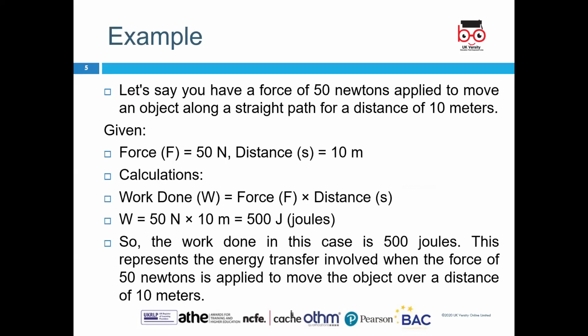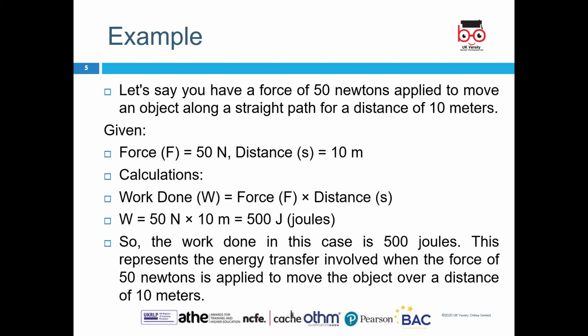So let us understand this with an example. If you have a force of 90 newtons applied to move an object along a straight path for a distance of 10 meters, then you have a force of 90 newtons and distance equal to 10 meters. The calculation of work done is force times distance.